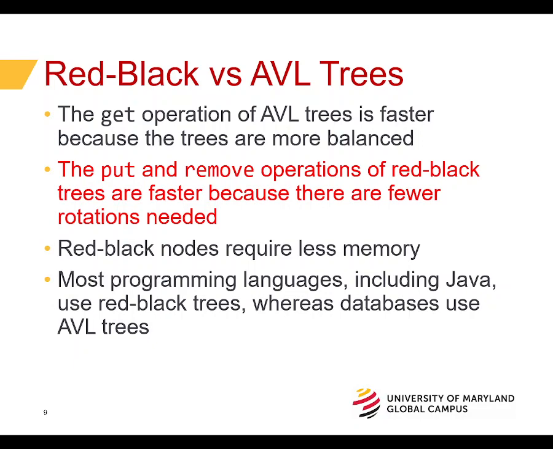Because balance factors do not need to remain in the range from -1 to +1, rebalancing occurs less often. Red-black nodes require less memory. In an AVL tree, the balance factor is a component of each node. Because of these trade-offs, most programming languages, including Java, use red-black trees, whereas databases typically use AVL trees.